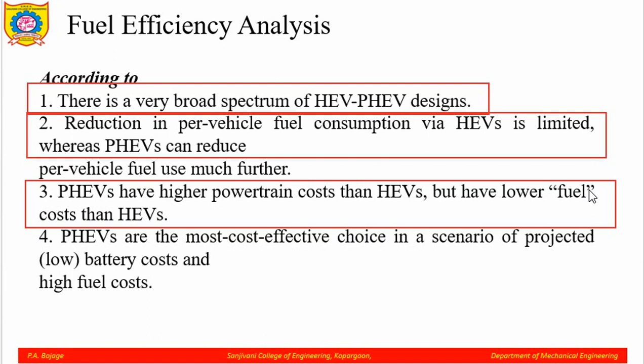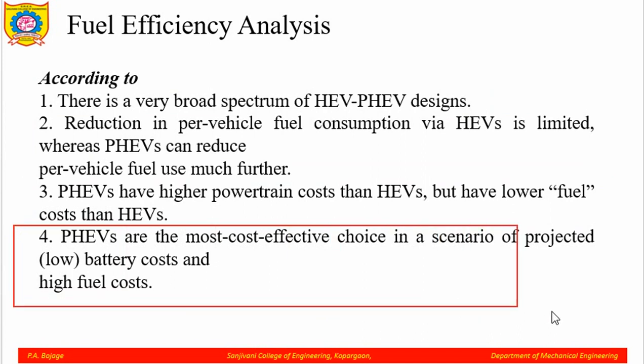So plug-in hybrid electric vehicles are the most cost effective choice in a scenario of projected low battery cost and high fuel cost. If the cost of the battery reduces, because in an electric vehicle the major cost is associated with the battery, then in such cases plug-in hybrid electric vehicles are the most beneficial products.